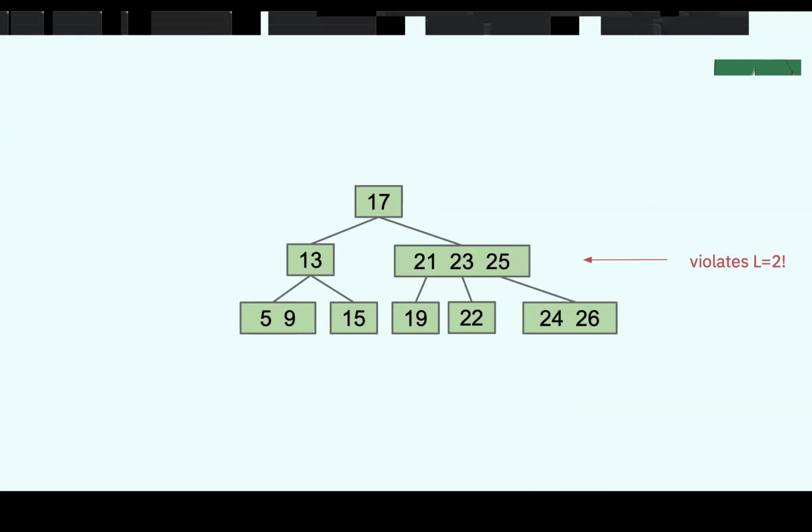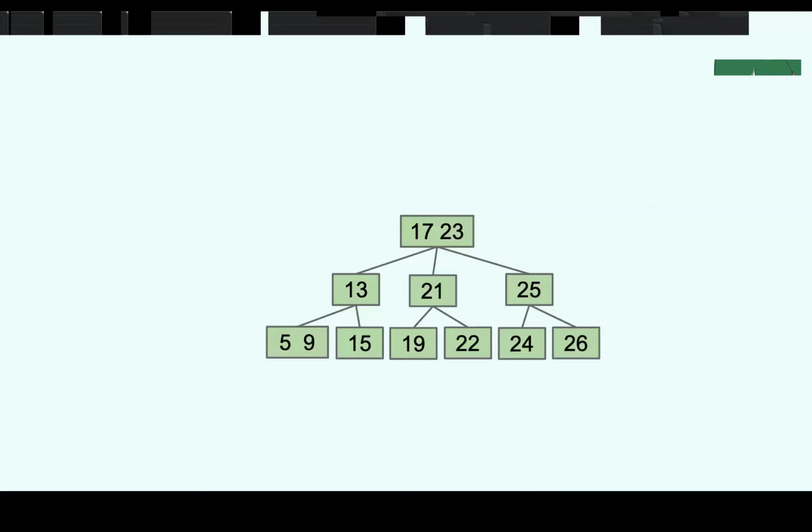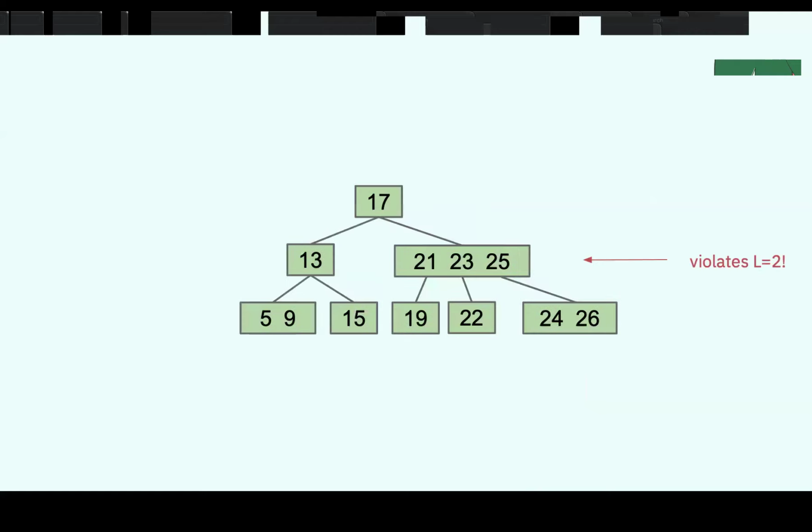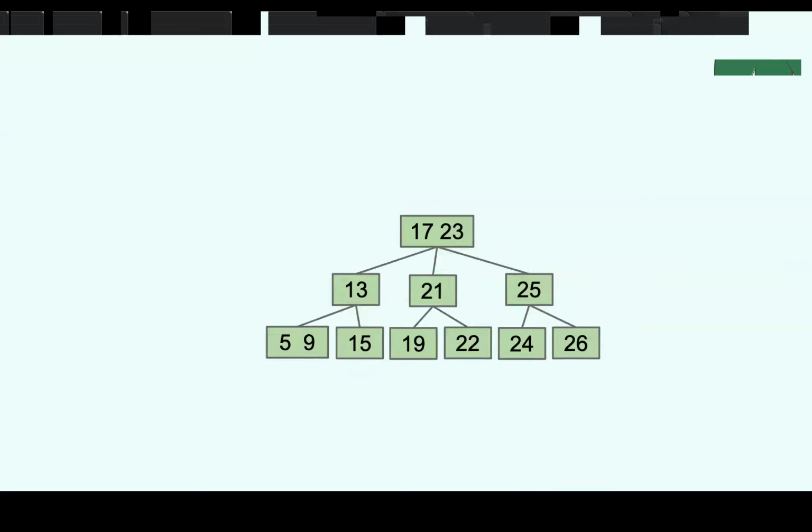But again, this violates that previous condition. So we once again promote 23 up to 17. And you can see here that everything that was to the left of 23, so 21, 19, and 22, is going to become the new middle child of this 17 and 23 node.